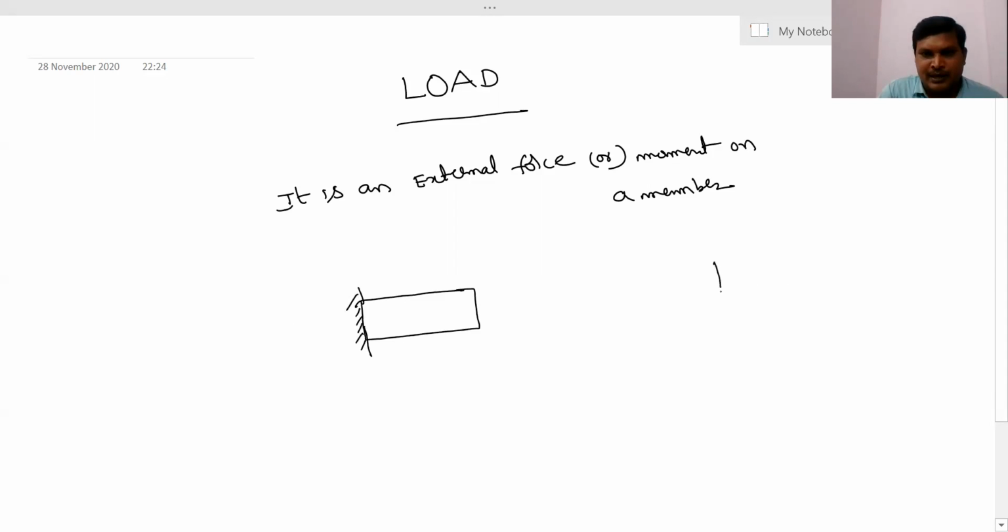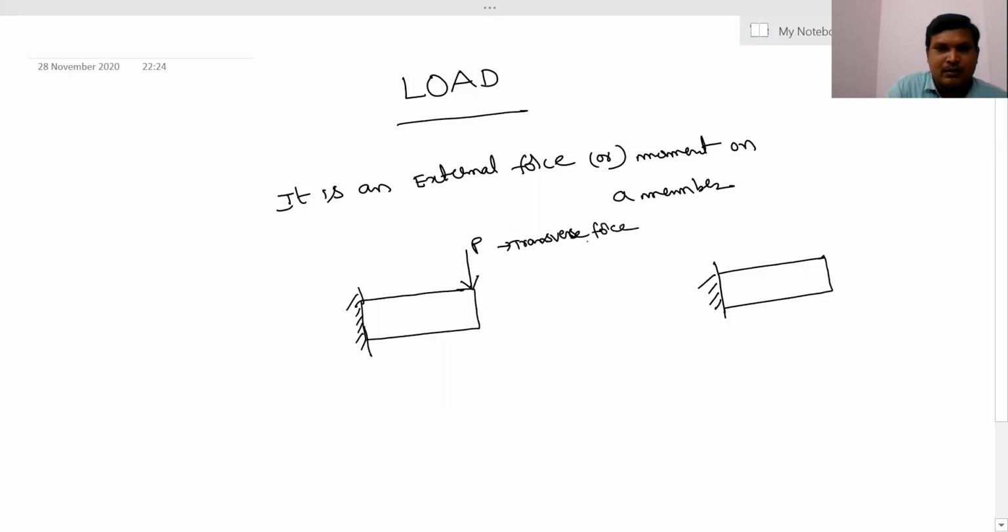So I'm taking another case. I'm taking a constrained body like this. In case 1, the force may be perpendicular, this is a force P. This is called a transverse force. So the force may be an axial force.